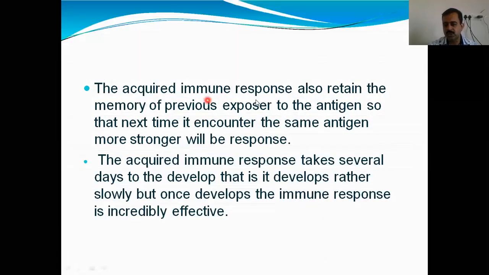The acquired immune response also retains the memory of previous exposure to the antigen, so the next time it encounters the same antigen, the response will be stronger. It takes several days to develop, so it develops rather slowly, but once developed, the immune response is incredibly effective. When a particular antigen comes inside the body for the first time, the memory cells get activated, and when the same antigen comes a second time, they mount a proper attack.